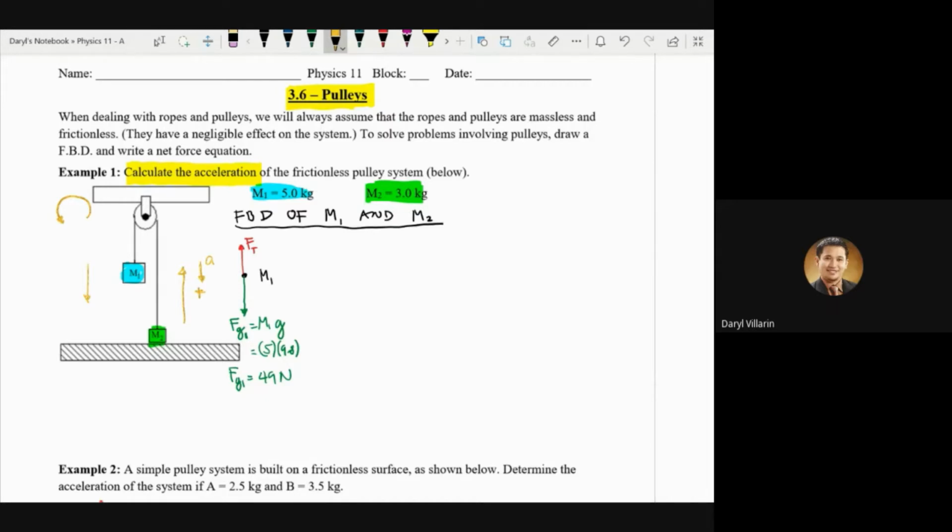Okay, so I'm going to choose that coordinate system when taking note of my M1. So now I'm going to check my M2. What is the free body diagram of my M2? I'm going to check what forces are acting on my M2.